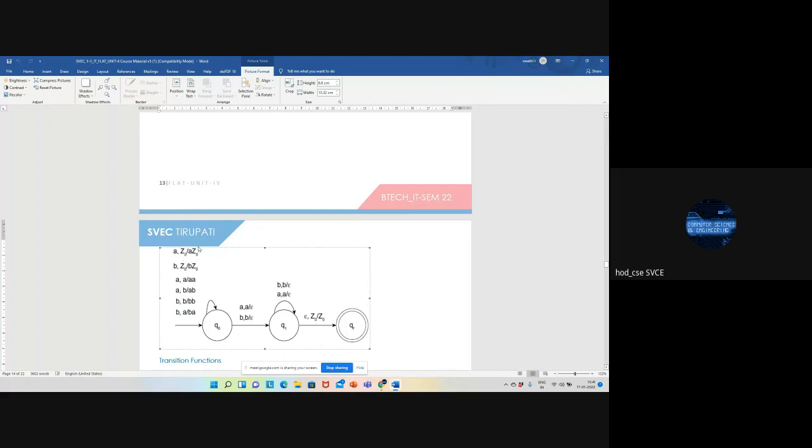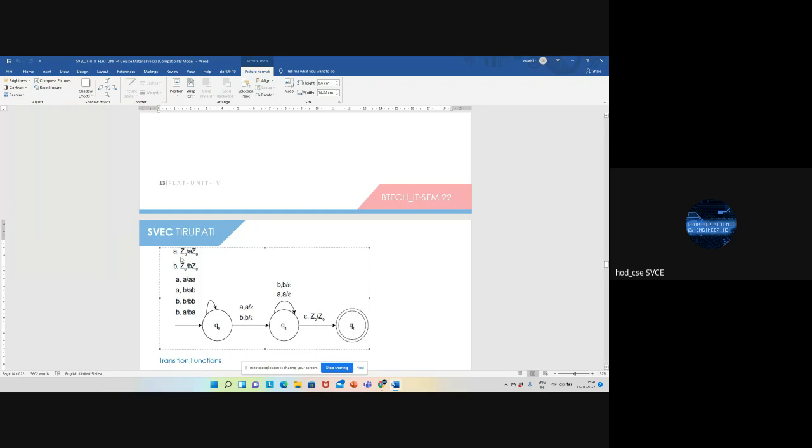Initially we don't know the reverse of the string, we just read the string. Once the string has been completed, we have to change the state and check whether the reverse of the given string is present or not.